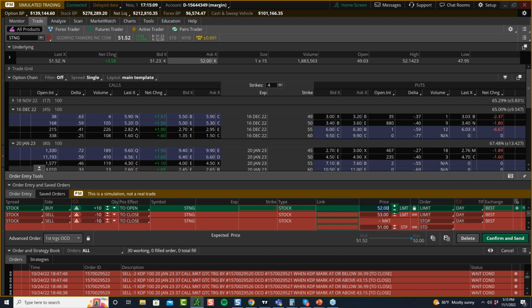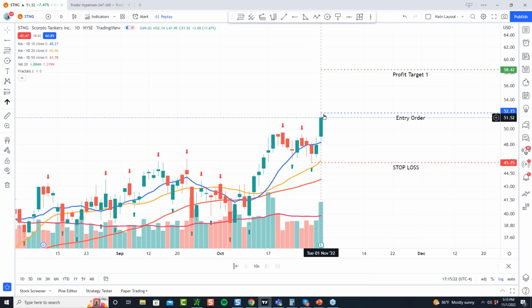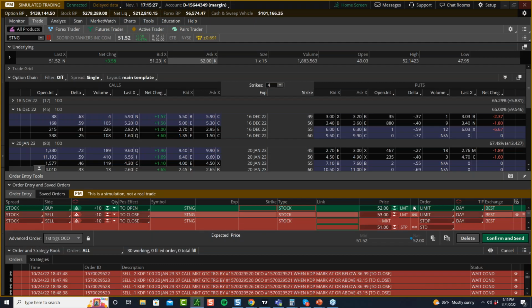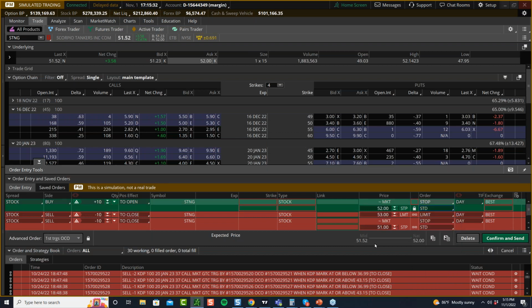So I'm going to simply take the entry price and I'm going to use a limit order. A limit order is going to set, I need to set a floor, okay? So 52.15 is where I want to buy. I only want to buy it if I'm above it, okay? So in that instance, I got to use a buy stop order, okay?